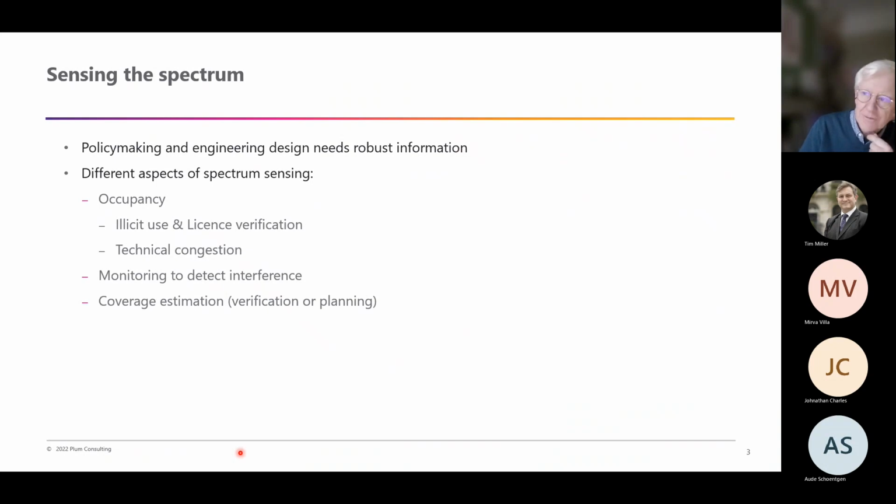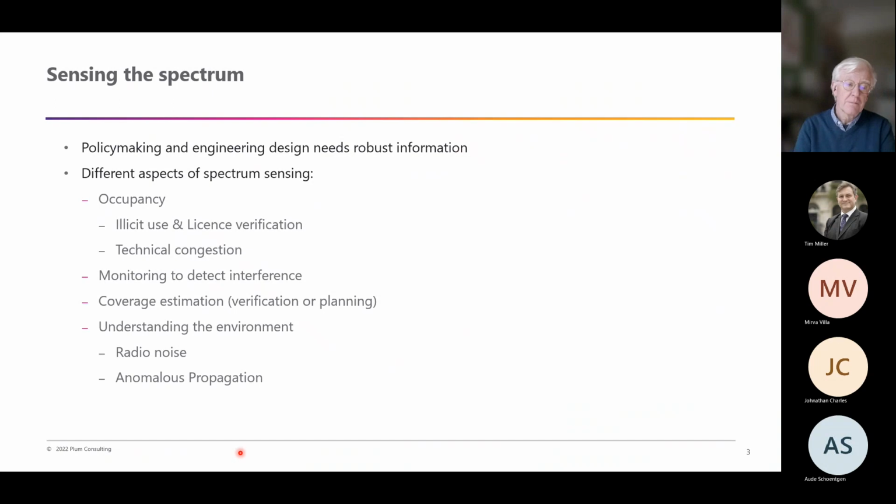And at a fairly basic level, if you're rolling out a new service of whatever sort, whether it's a cellular mobile service, or broadcasting, or even a mobile satellite service, you may need to be able to estimate the coverage, either to check that a service that's already deployed is operating as expected, or to plan where new services are needed. You may need to find the holes in coverage of an existing network.